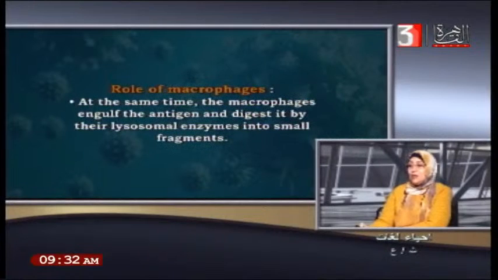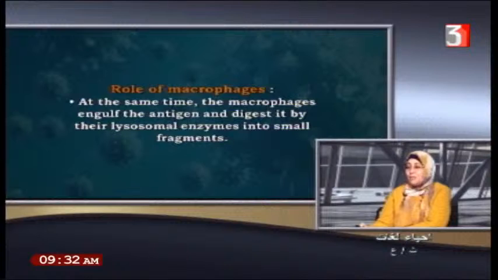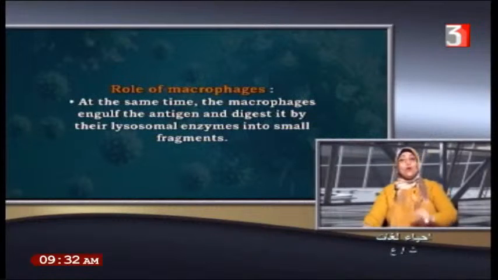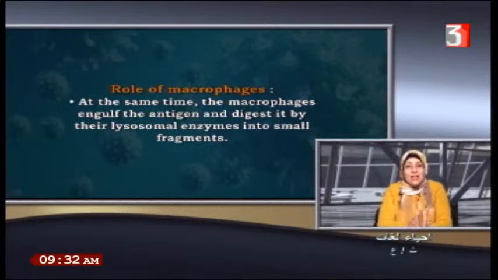What is the role of the macrophage? Macrophages at the same time engulf the antigen and digest it by their lysosomal enzymes into small fragments. Each cell contains a structure called the lysosome, which is found in large quantity in white blood cells.